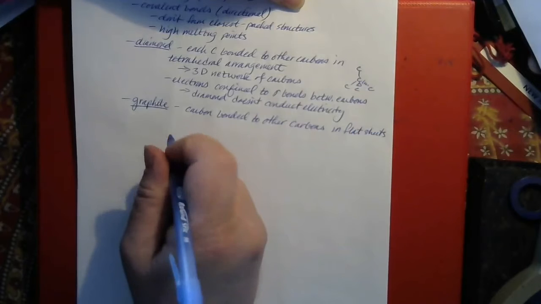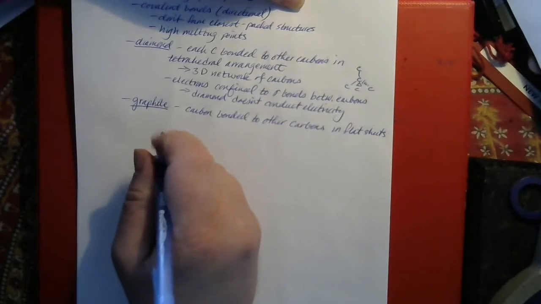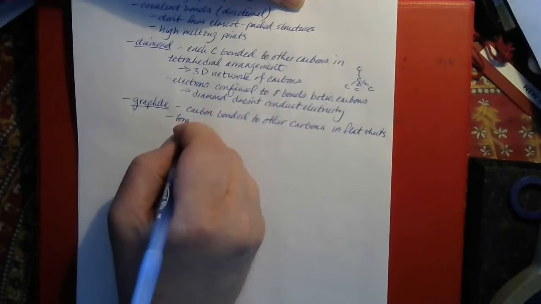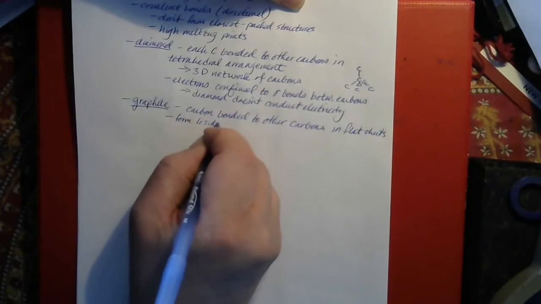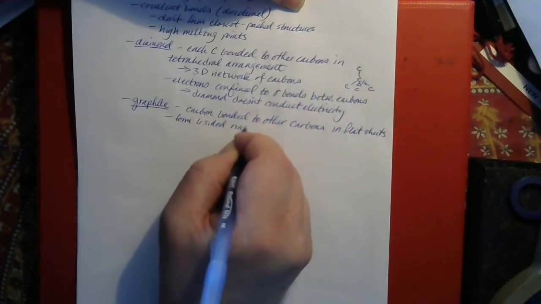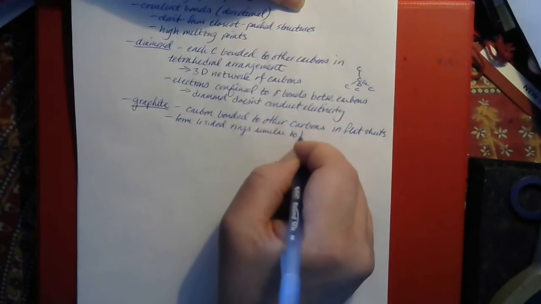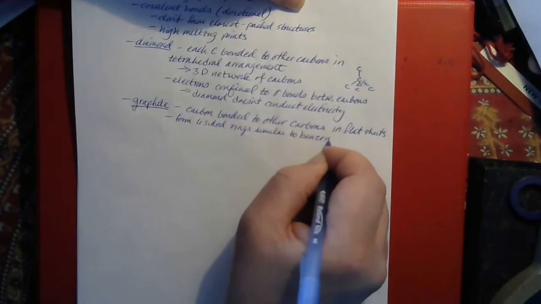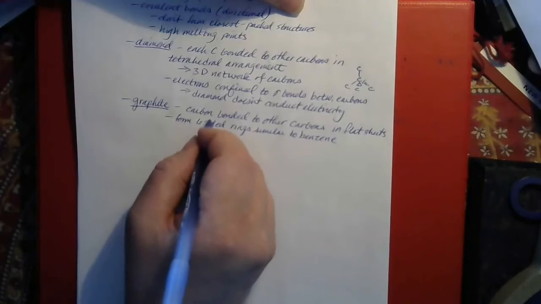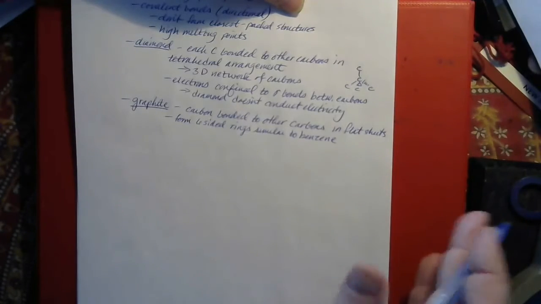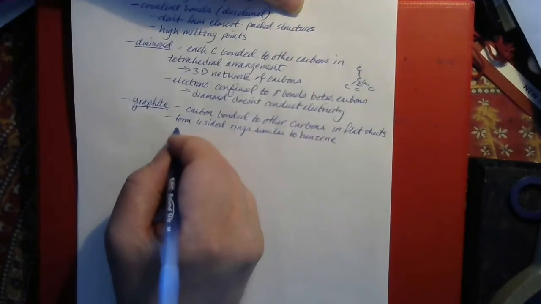They form six-sided structures similar to benzene, and these six-sided rings are bonded to each other in a two-dimensional network.